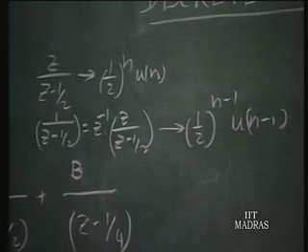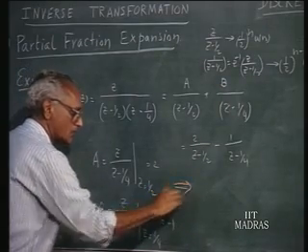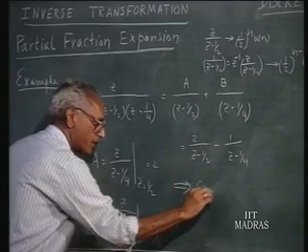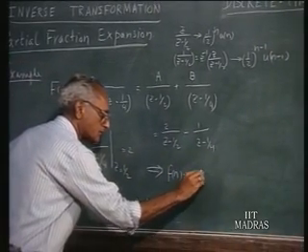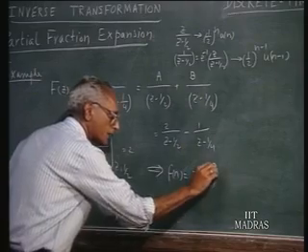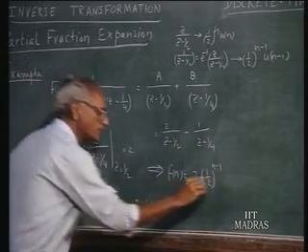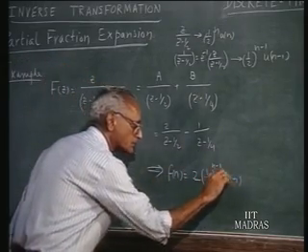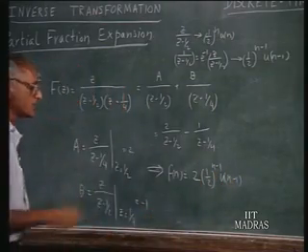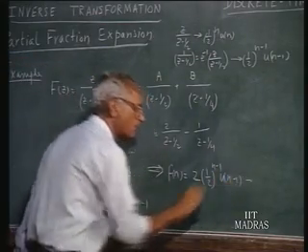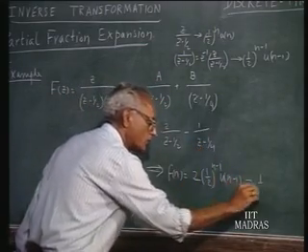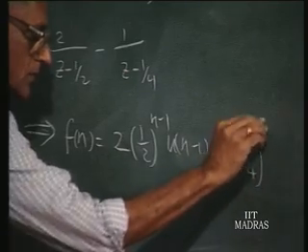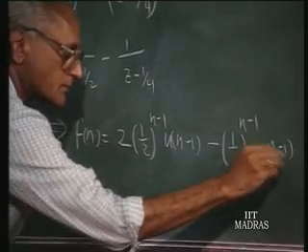So using that principle, you can write the inverse z transform f of n equals, as far as the first function is concerned, 2 times half raised to the power of n minus 1 u of n minus 1, and using the same arguments here, minus 1 times 1/4 to the n minus 1 u of n minus 1.